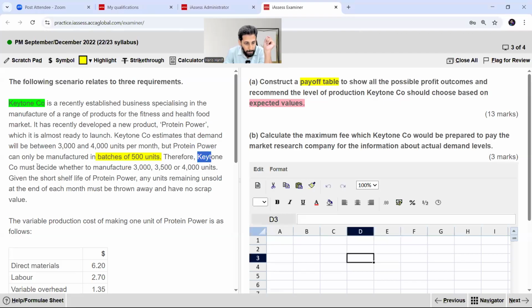Therefore, Ketone must decide. Please see that this is must decide. That is, you must decide whether to manufacture 3,000, 3,500 or 4,000 units. So what is the thing?